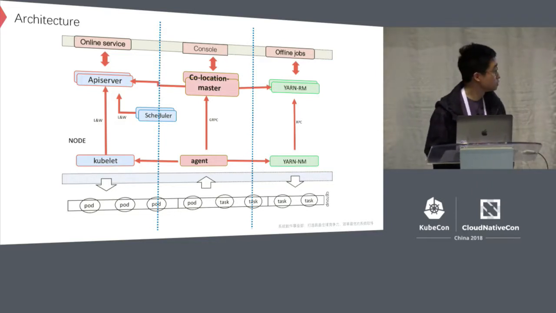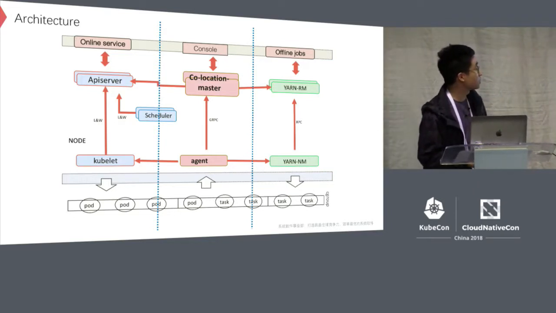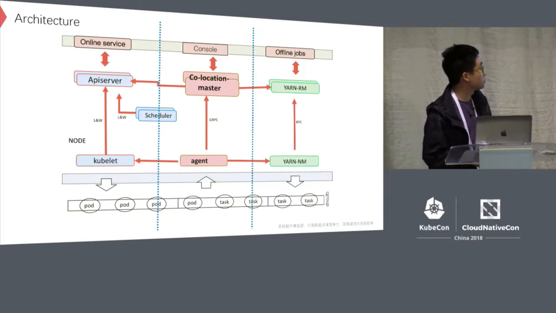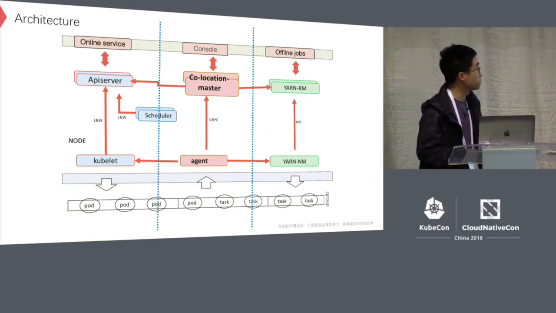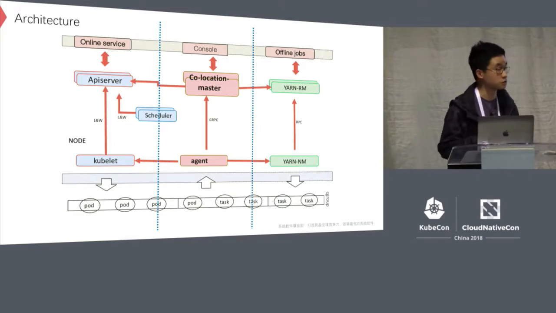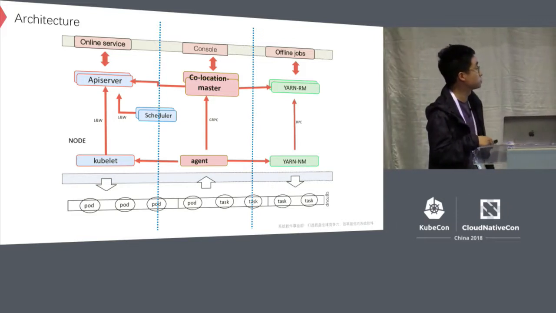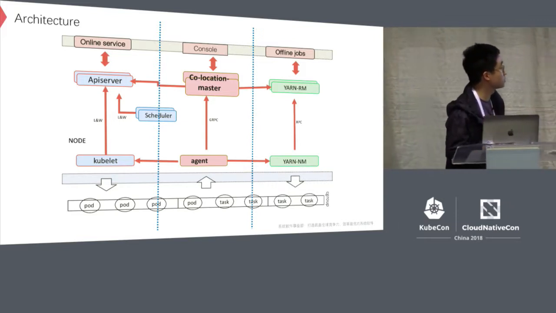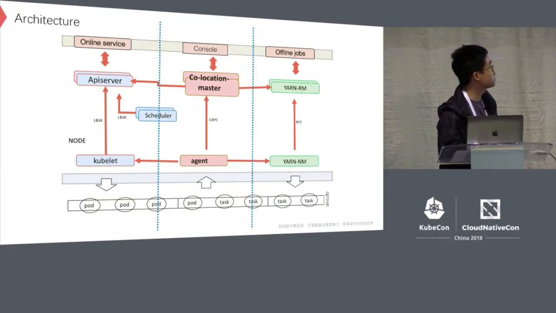And of course, after they are all deployed, the colocation master will dynamically make some API calls, like the API server exposing some information, and they record all the state of the cluster to monitor all the information.